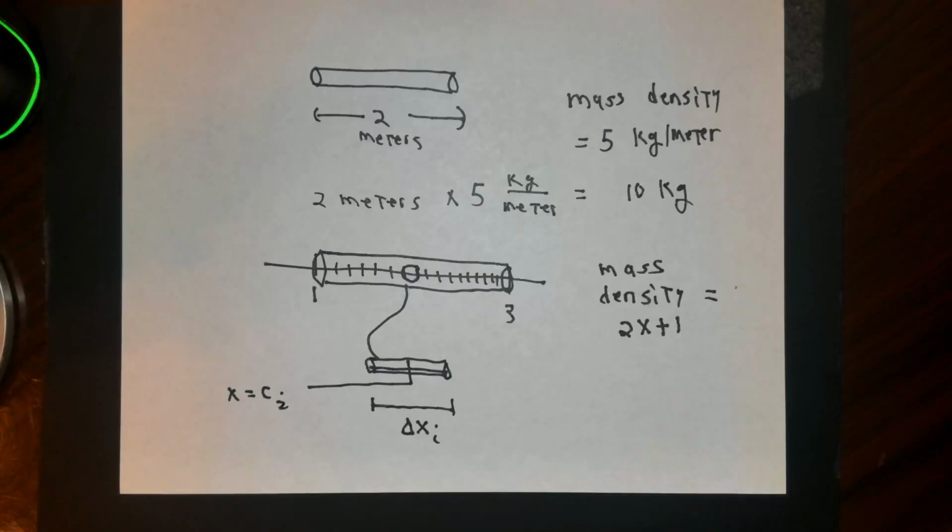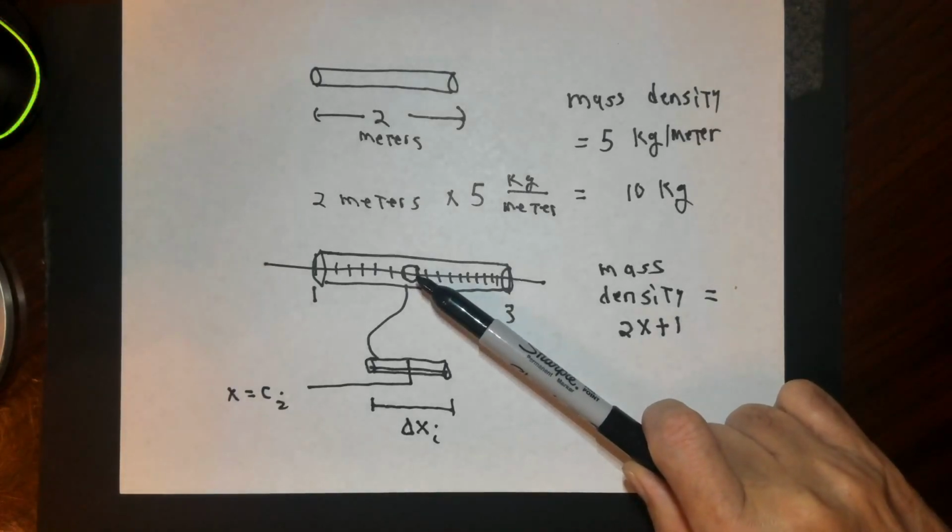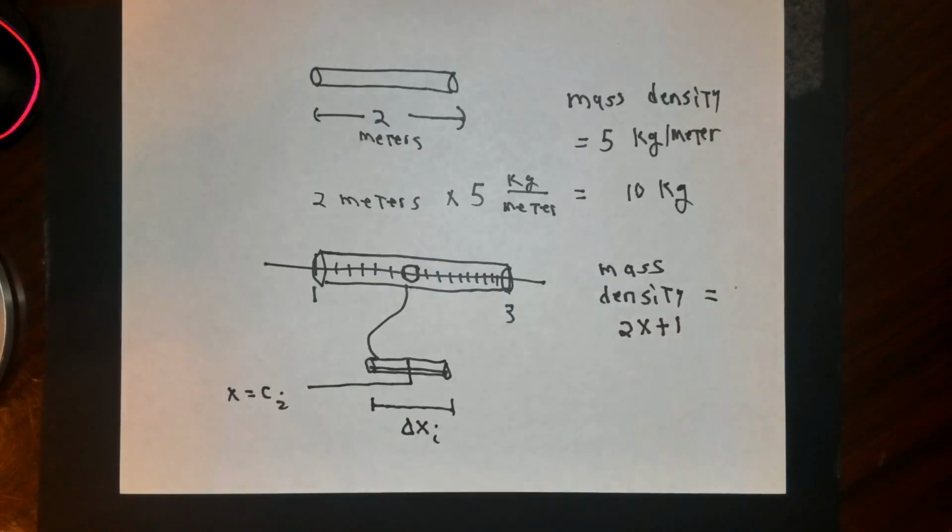We will play our usual game. I'll imagine chopping the wire up into many small parts and then looking at one of them in particular. We'll look at the one whose width is delta x sub i, and as usual, within that sub-interval, we will take a representative x value, which we'll call c sub i.